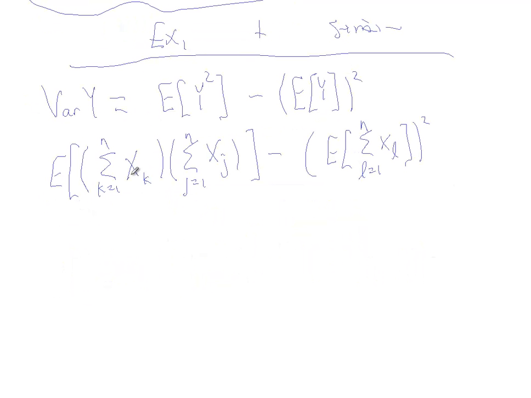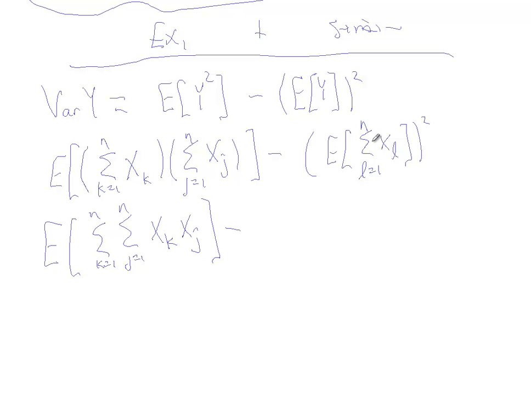Look at this first one. I can combine these sums into a double sum. It's the expectation of the sum k equals 1 to n, sum j equals 1 to n, xk xj, okay, minus, I can do similar here.